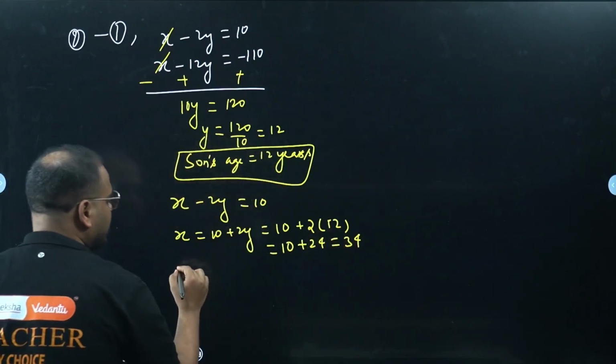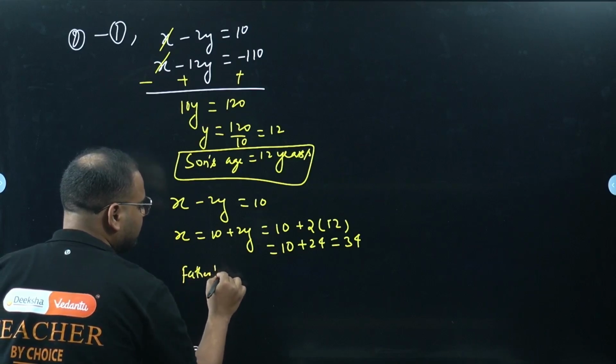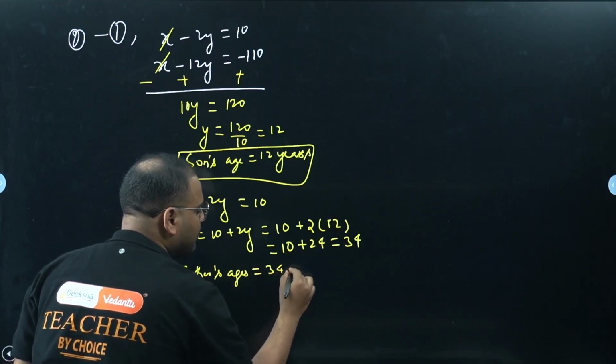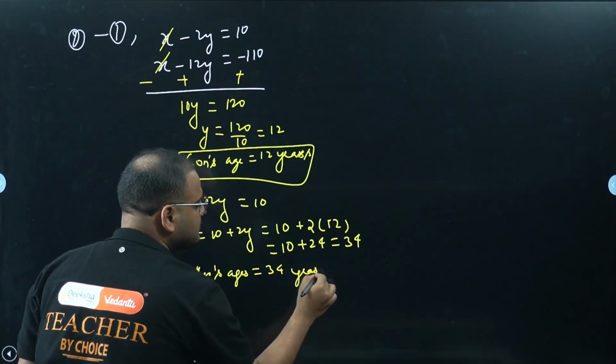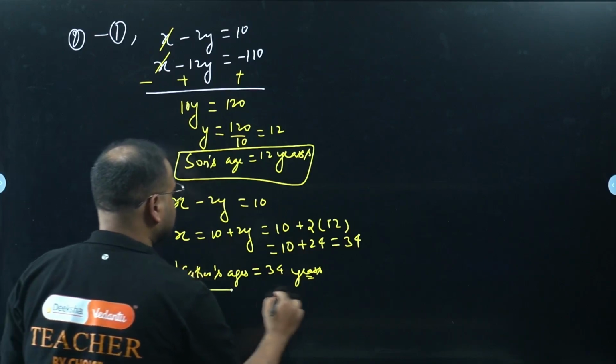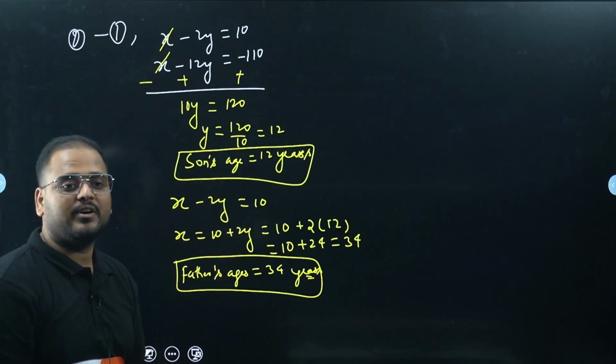So the father's age is 34 years. This is my final answer. So father's age is 34 years, son's age is 12 years.